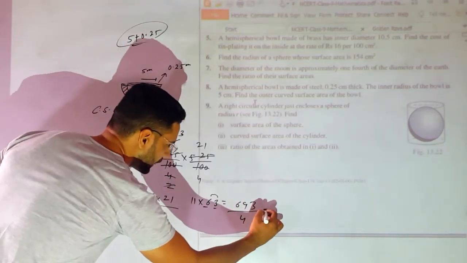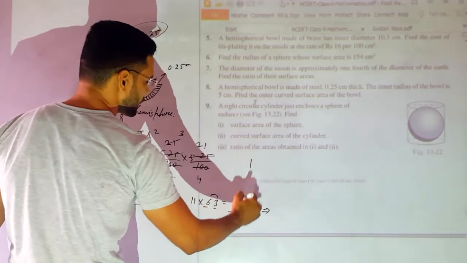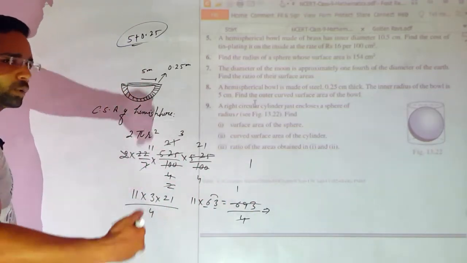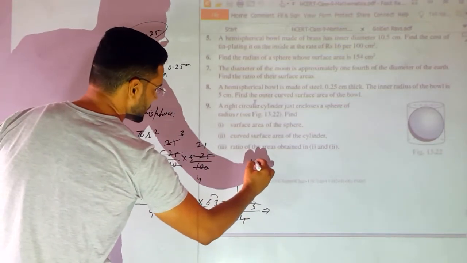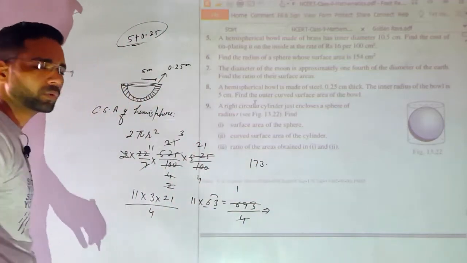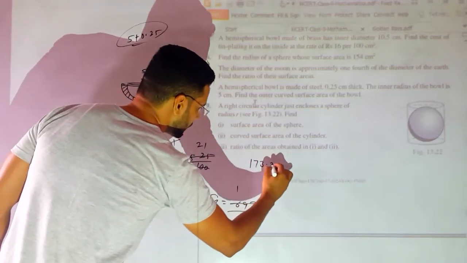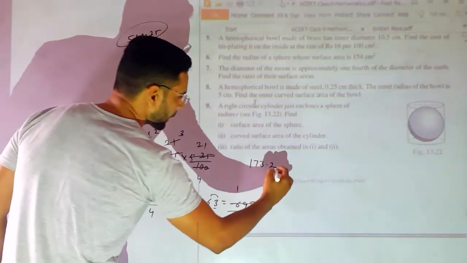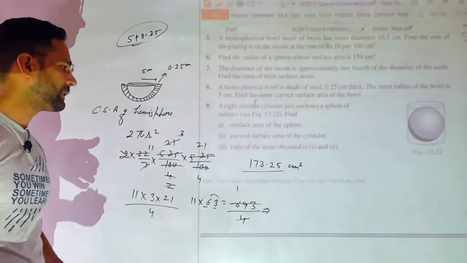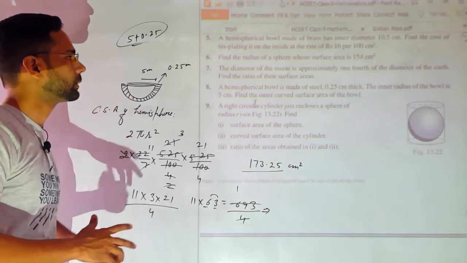Now 4 is there in the division, and dividing by 4 step by step, 173.25 is your answer to question number 8.